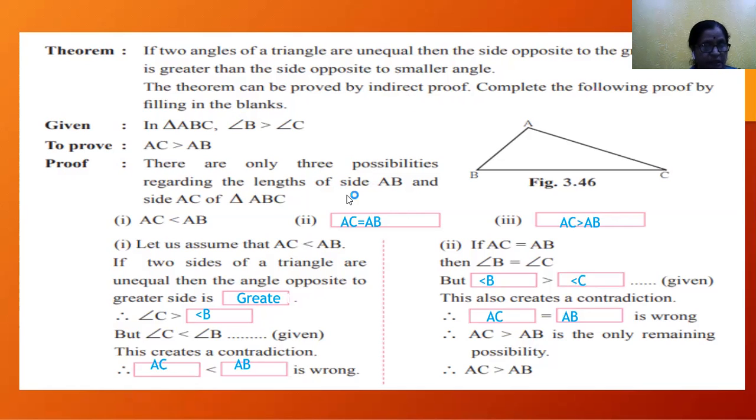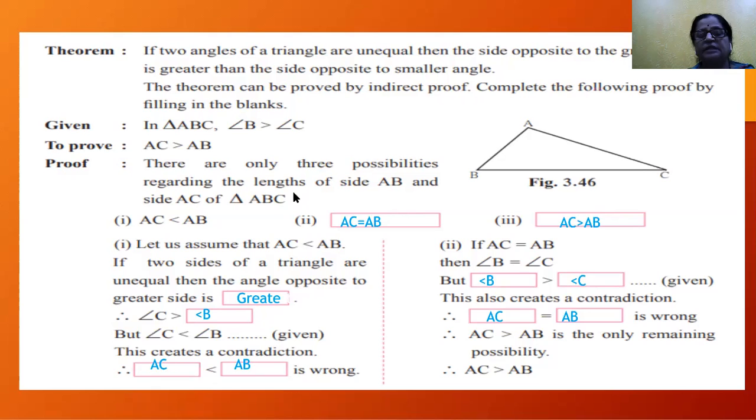So here we have to see what is given. This triangle ABC is given. In this, angle B is greater than angle C. What we have to prove? This side AC is greater than side AB.